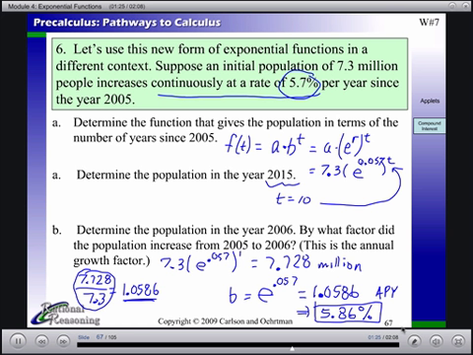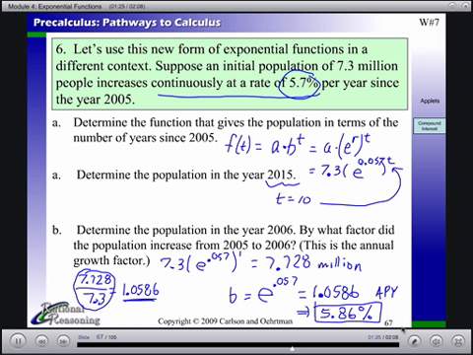5.7%. A percent is different from a growth factor, right? The growth factor is the multiplier to get us the next new value. Percent increase is not the same as what you multiply by. That goes back to what we did a week or two ago. Growth factors are the multipliers: you take an old output, multiply it by a growth factor, and you get the new output.